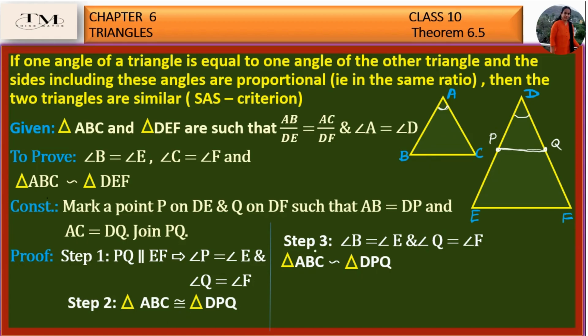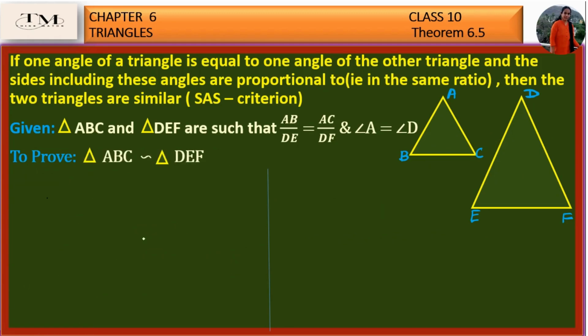Then in step 3, we have to prove angle B is equal to angle E and angle C is equal to angle F. So, all angles will be equal, and by the AAA criterion we can prove this similarity. Okay, let us get into the proof on the next page.